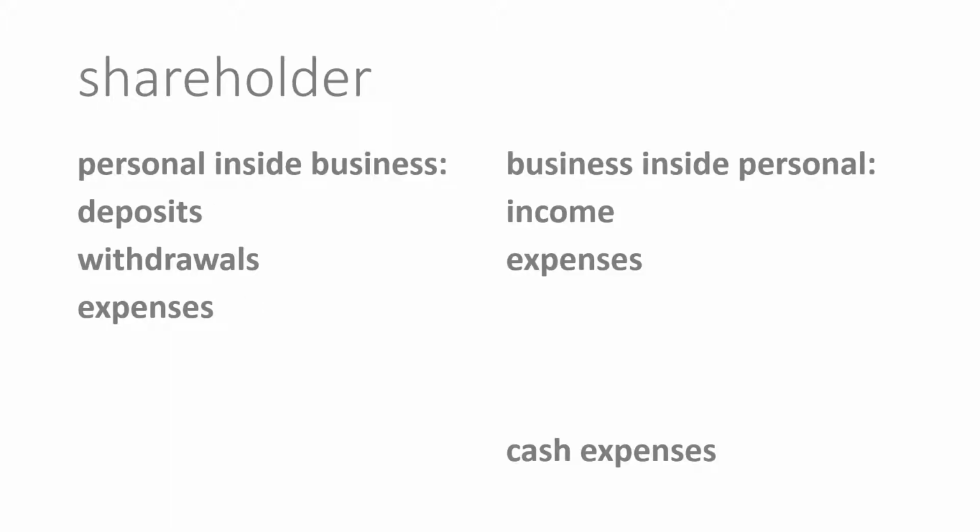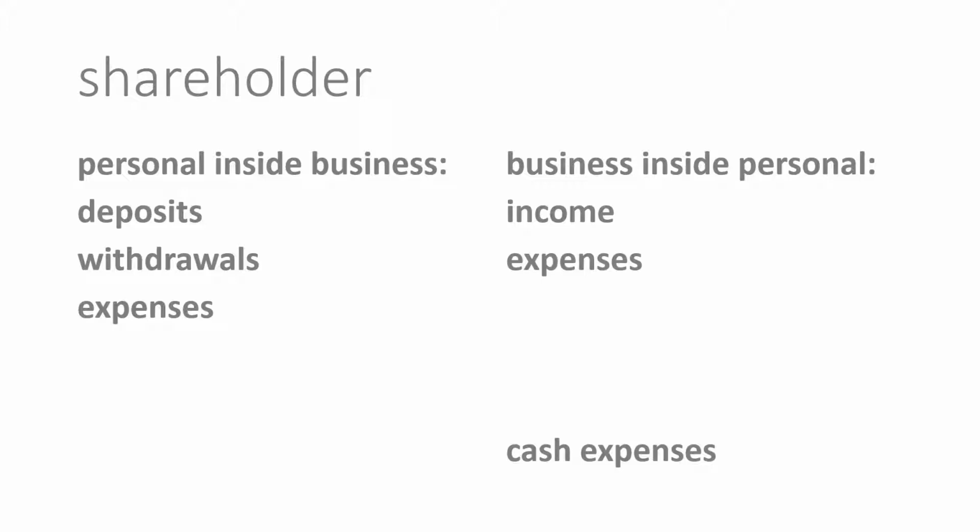In the shareholder folder, you keep all documents related to shareholder transactions. These shareholder transactions include personal transactions in the company bank, such as your personal deposits to the company bank, your personal withdrawals from the company bank, your personal expenses paid by the company bank or company credit card.